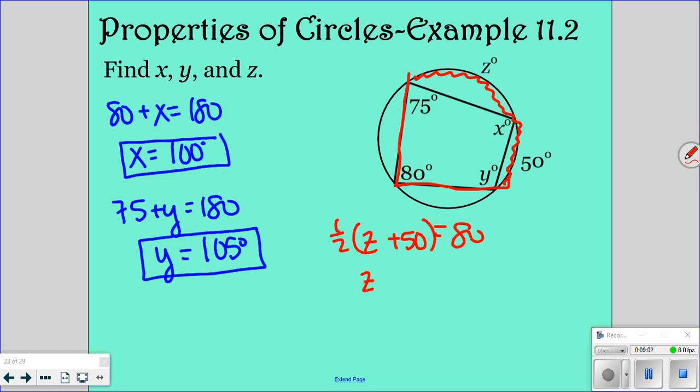Or you can say z plus 50 has to equal 160, because if this is 80, this whole part would be double. So double 80 is 160. And then if you solve for z, that would give you 110 degrees. So that's how you can use that property.